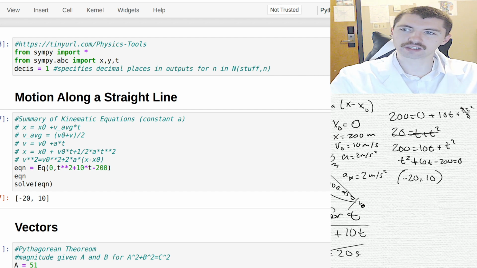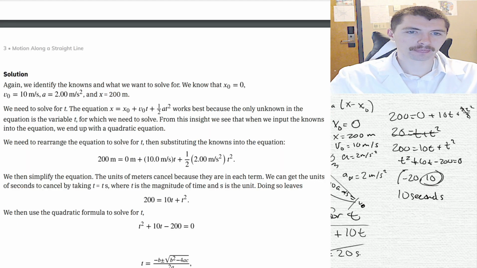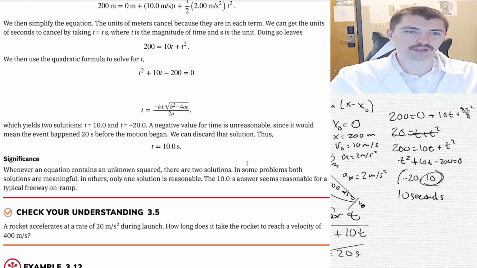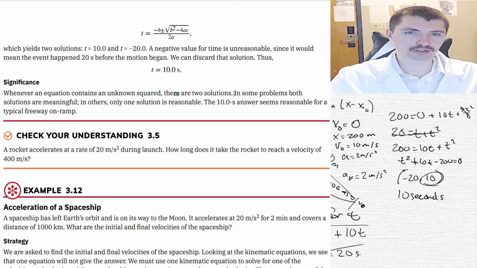We're doing seconds, so we're going to use 10 seconds. Okay, great. Easy enough. Whenever an equation contains an unknown squared, there are two solutions. Sometimes they're both meaningful.